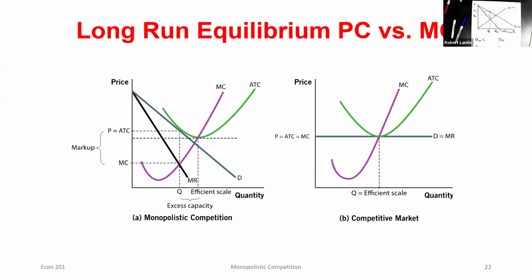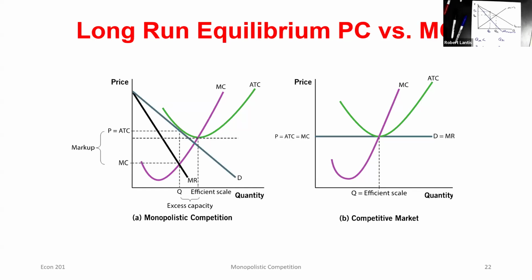Relative to perfectly competitive quantity, every firm is producing a lower amount, and when I add them all up, the market will be at a lower value. Think about it this way: if I have 10 firms in a perfectly competitive market, they're all choosing to produce 10, I've got 100. In a monopolistically competitive market, they're not choosing 10, they're only choosing 9, so I will only have a market quantity of 90. So we can do the analysis at the firm level and know that the same thing would apply to the market.